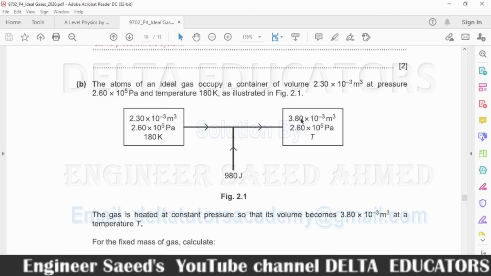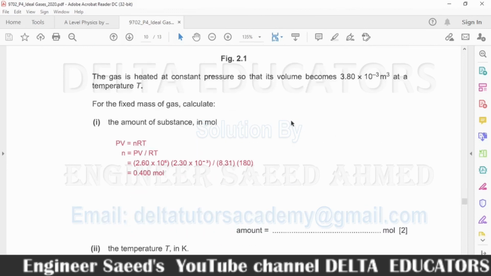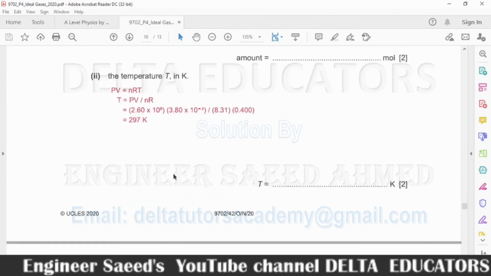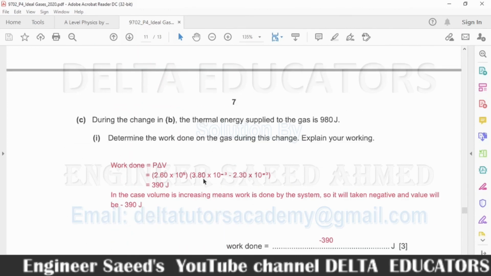Change in volume means we subtract 2.3 × 10^-3 from 3.8 × 10^-3. So ΔV is 3.8 × 10^-3 minus 2.3 × 10^-3, and by solving this we will get 390 joules.